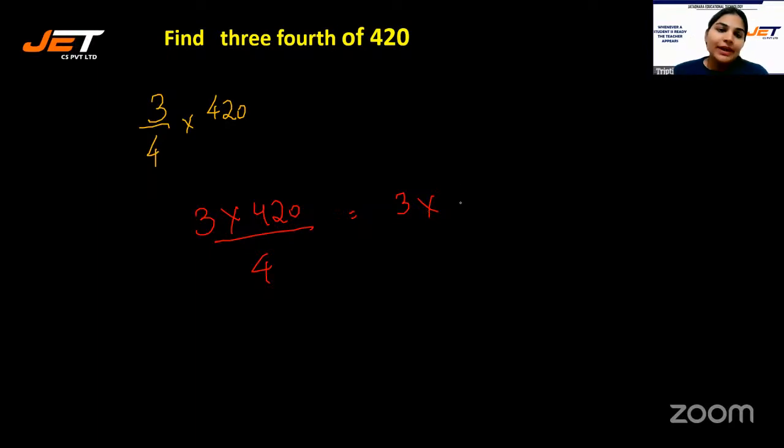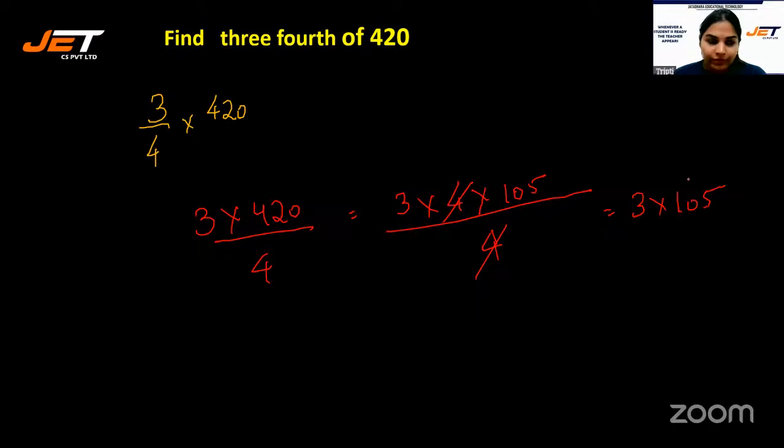So I can write this as 3 times 4 times 105. In the denominator 4. 4 cancel. It's 3 times 105, which is equal to 315.